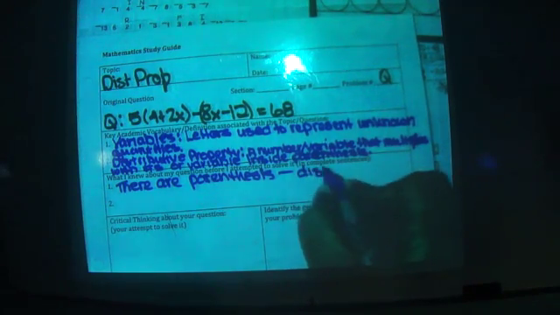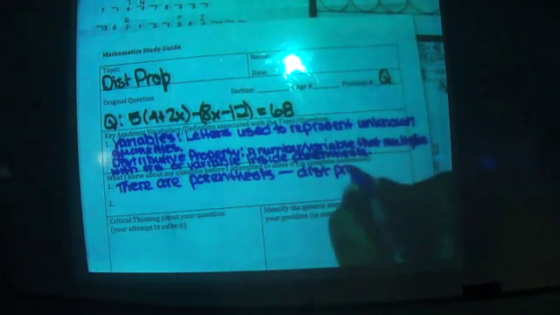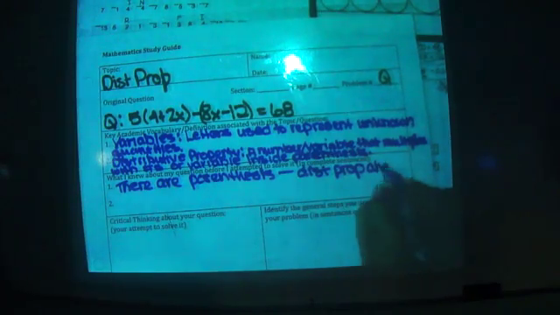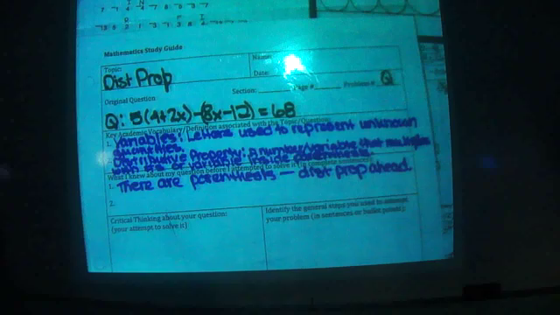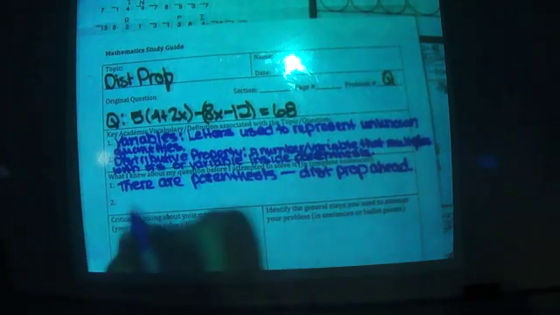What else do you think? We're actually going to solve for x because it's an equation, not just an expression.